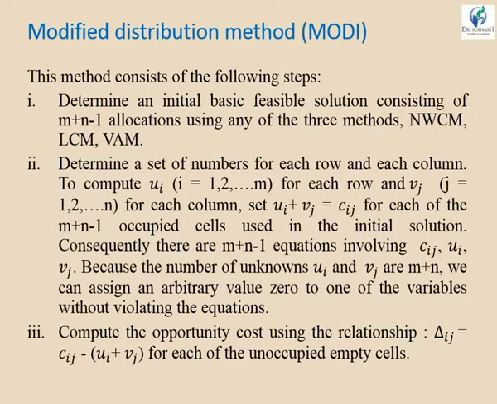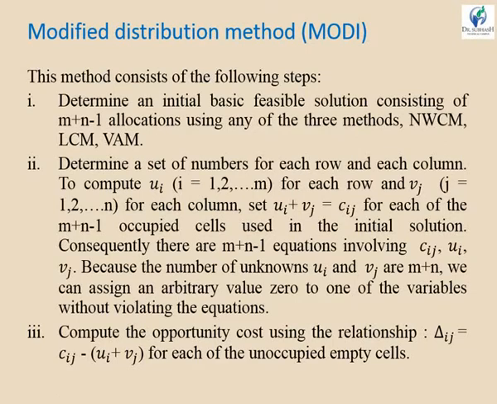All three are used to obtain the basic feasible solution, and we check it with the formula m plus n minus 1. If the allocation is equal to m plus n minus 1, then the problem is said to have an initial basic feasible solution. So this is the first step.